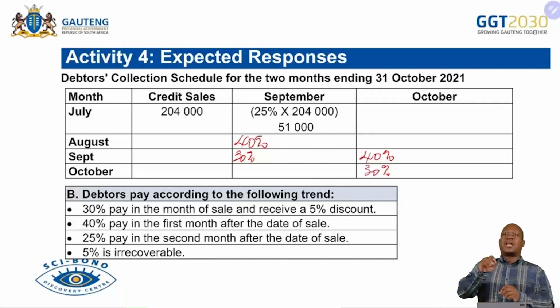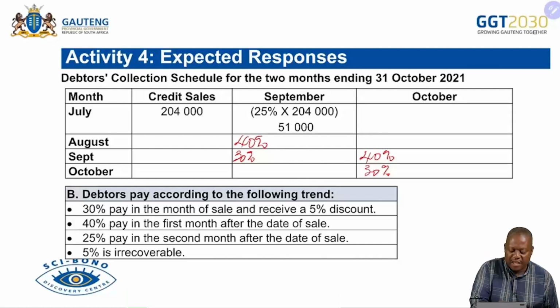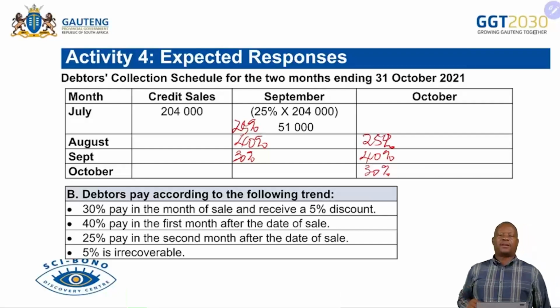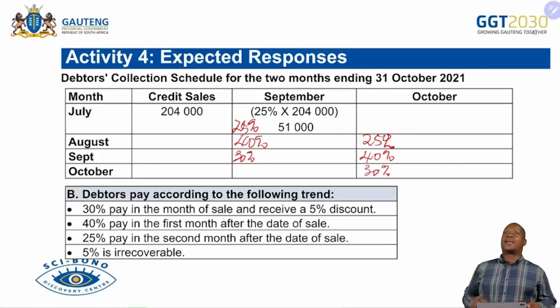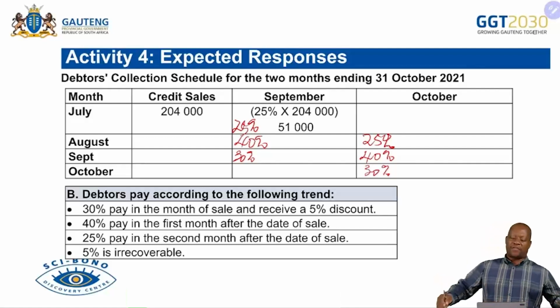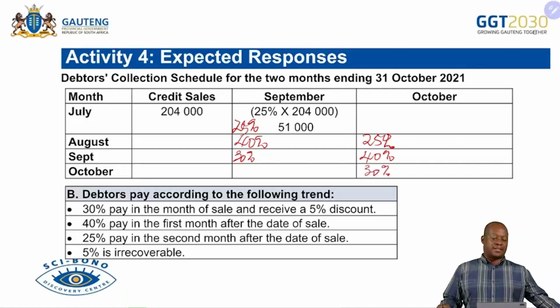So we are going to be collecting going up. And then 25% pays in the second month after, so 25% is going to be expected here, as well as another 25% here. If you can get that, then everything else is done and dusted.